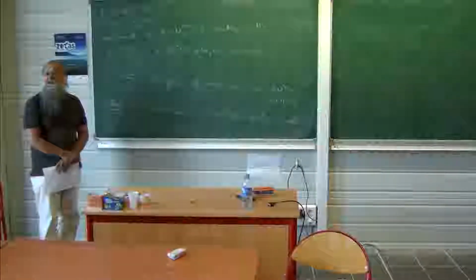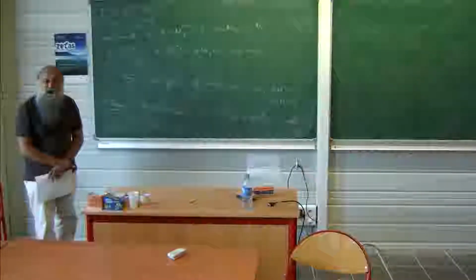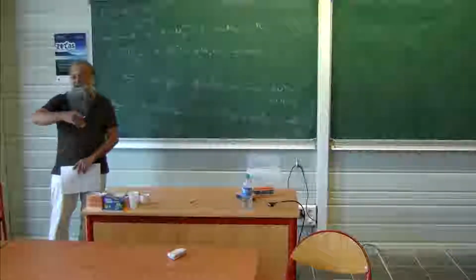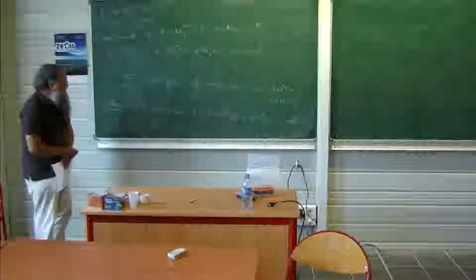For instance, in some cases Cij can be 0. Yeah? Those modular forms do not appear at all.